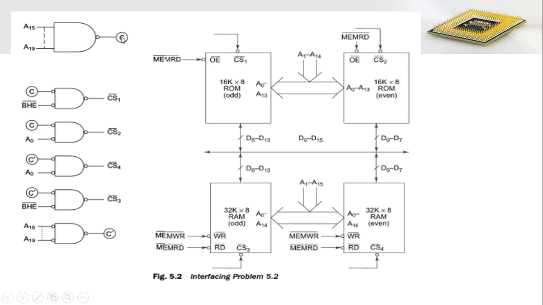Here C indicates the output of this NAND gate, whose inputs are A15 to A19. And for this C dash, the inputs are A16 to A19. These are the chip selections in the case of our RAM memory. So this is the diagram representing the given memory interfacing situation. Okay, thank you.